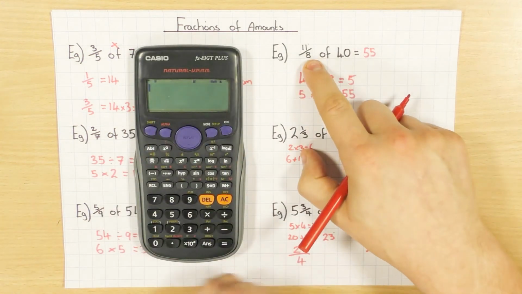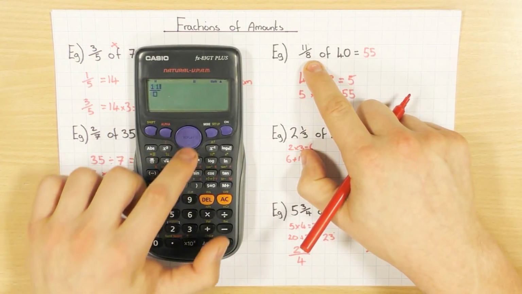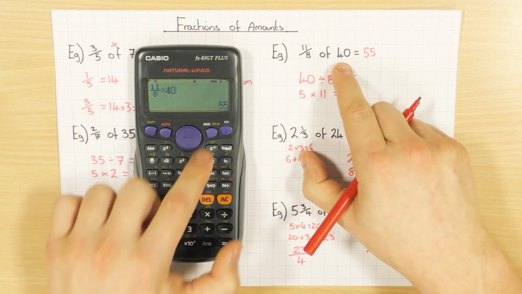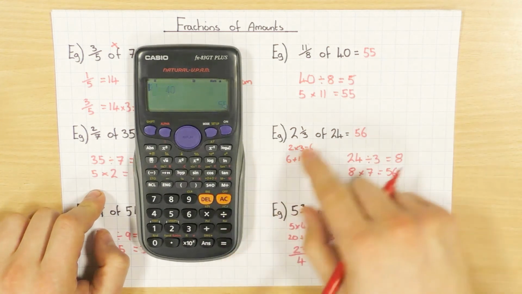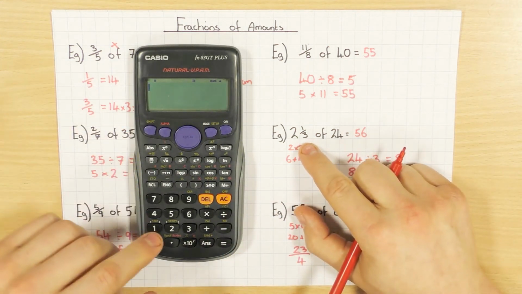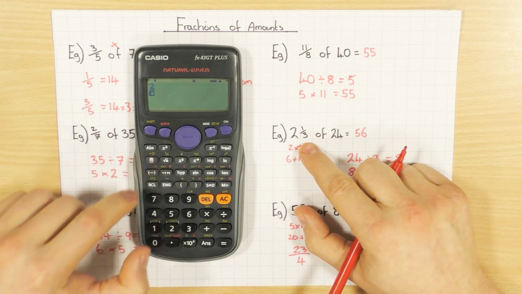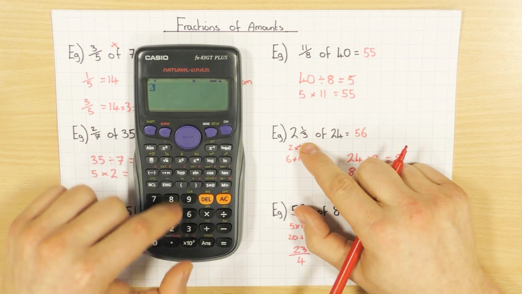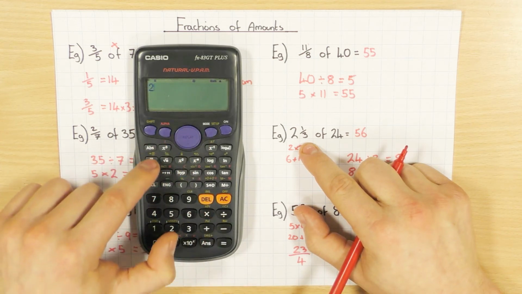Now here, obviously the top heavy will be exactly the same, so I'll just put 11 at the top, 8 at the bottom, times by 40, not a problem, 55. Now when it comes to mixed fractions, this is where you have to be a little bit careful. If you just do 2 and then the fraction, it goes wrong.